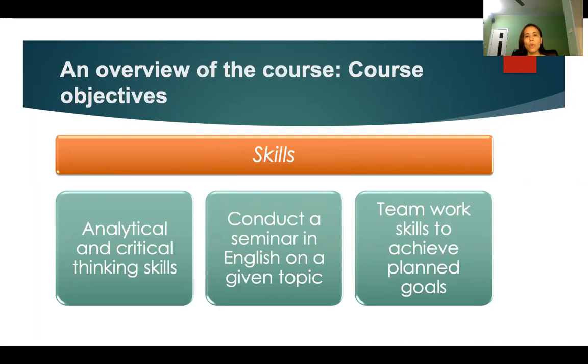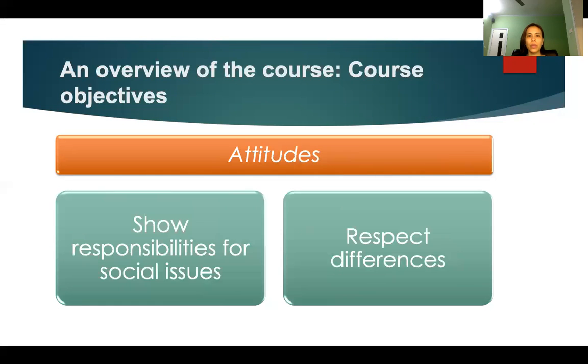At the end of the course, the students will have analytical and critical thinking skills. They can also have the ability to conduct a seminar in English on a given topic, and also improve their teamwork skills to achieve planned goals. At the end of the course, students show responsibility for social issues and respect differences.